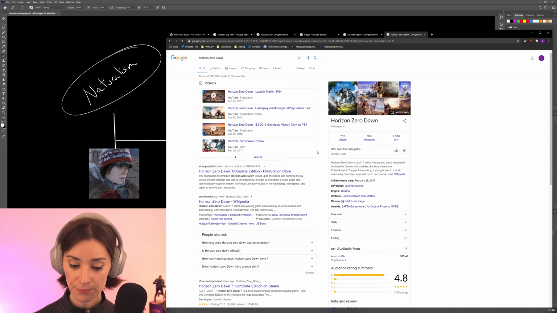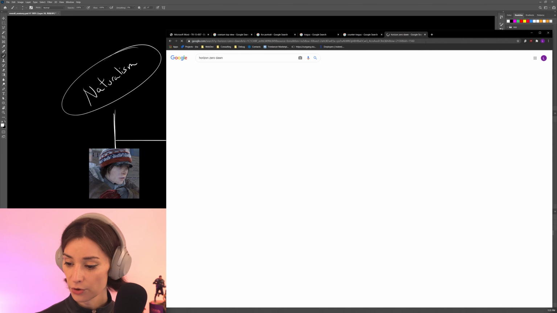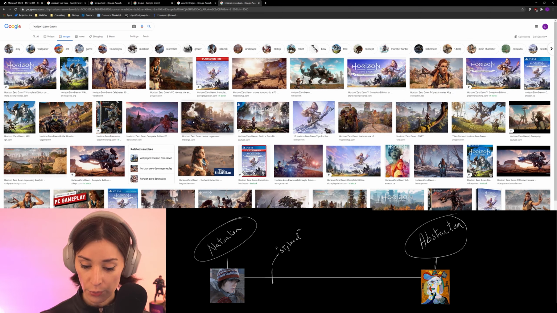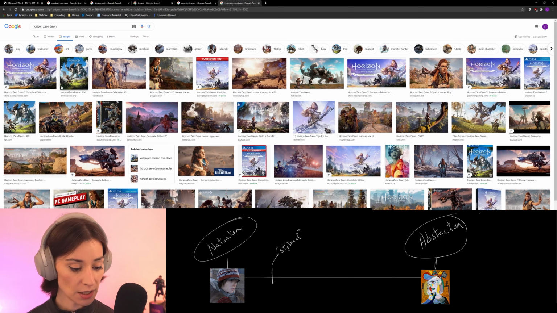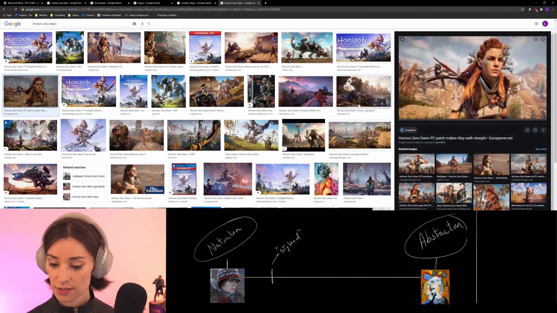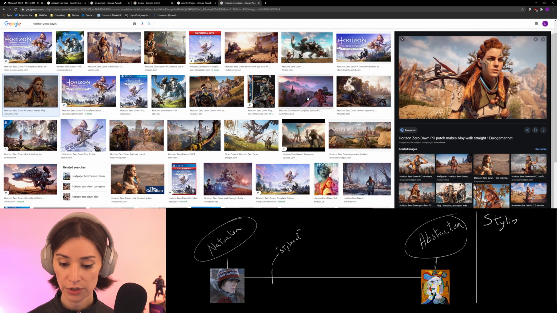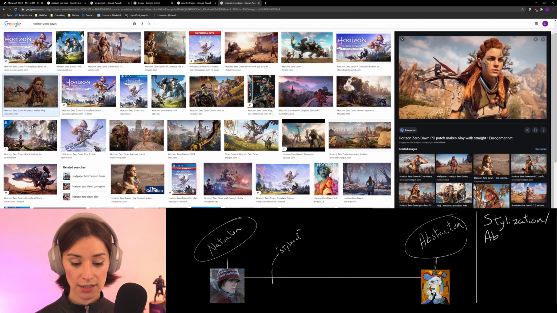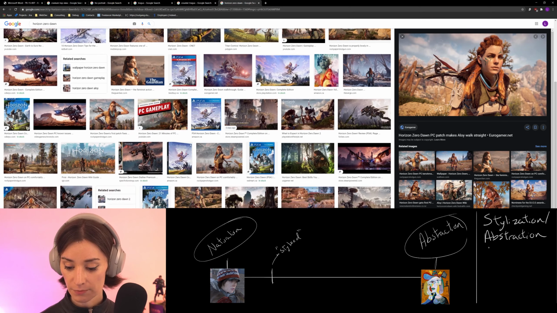Look at the characters in there. They're very realistic. The art direction of Horizon as a whole is certainly on the realistic part of the spectrum, but everything about the art direction isn't fully naturalistic. Just starting with the colors, they're so vibrant that you obviously would not have that in real life, that bright.